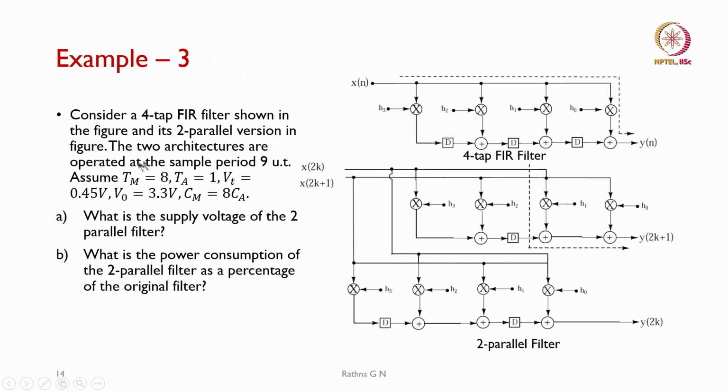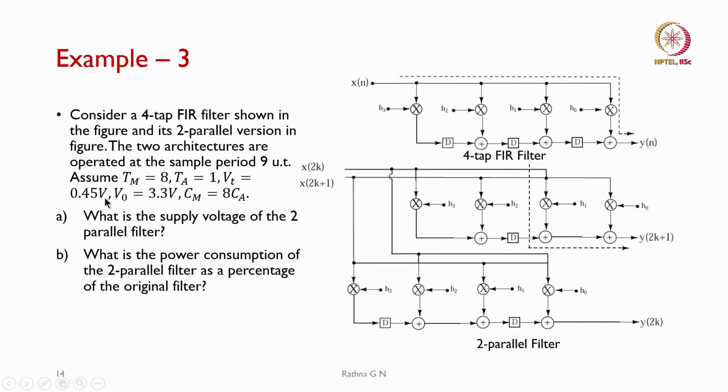The 2 architectures are operated at a sample period of 9 units of time. Assume the multiplier takes 8 units of time and the adder takes 1 unit of time, and the threshold voltage in this case is given as 0.45 volts.